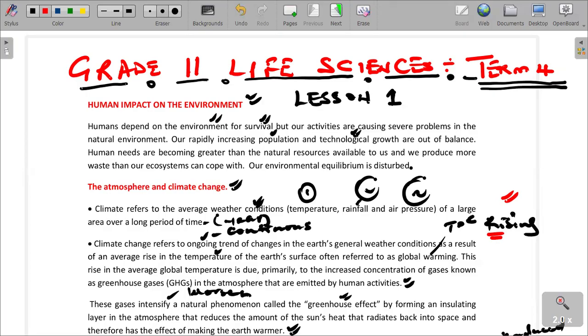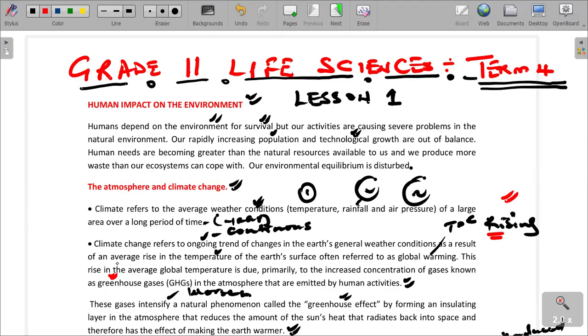This rise in average global temperature is due primarily to the increased concentration of what we call greenhouse gases, or GHGs, in the atmosphere, which are emitted because of human activities.